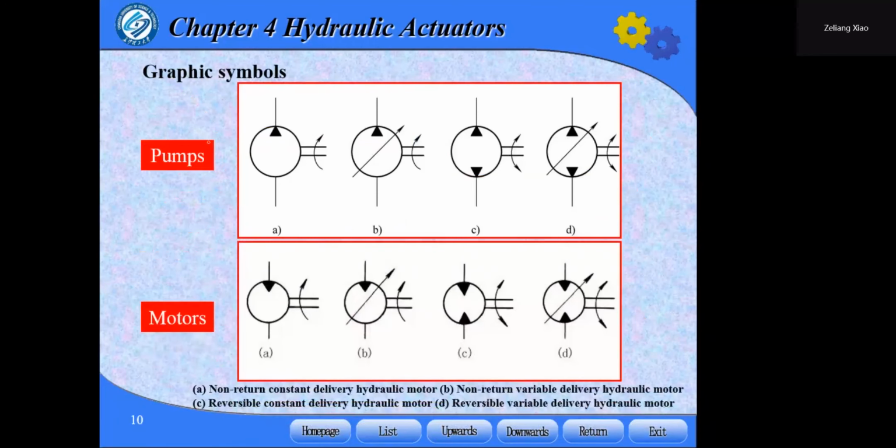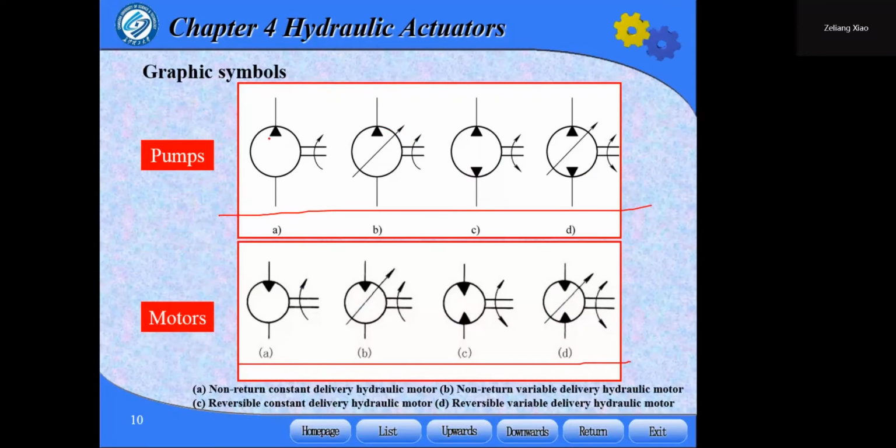Let's compare the graphical symbols between pumps and motors. This figure is the symbol of pumps. This figure is the symbol of motors. You can see the difference.